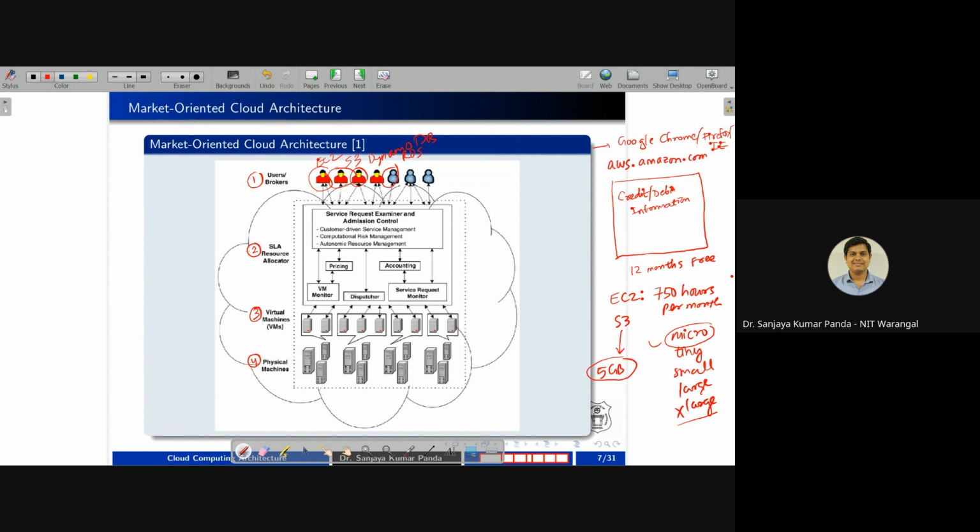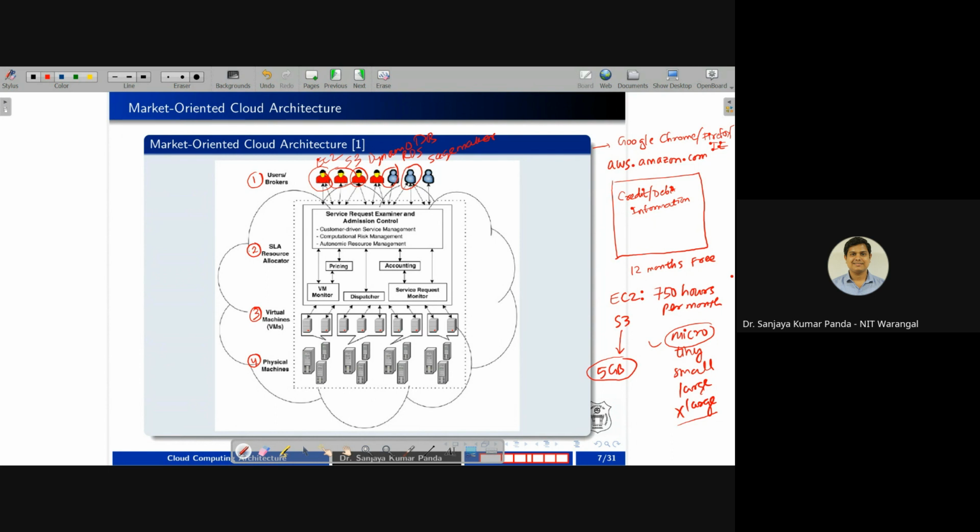Similarly, somebody can use another service called SageMaker. SageMaker is another popular service; generally machine learning or data science people use SageMaker. So different types of services may be requested by different users. For example, not all users are aware of the cloud system.